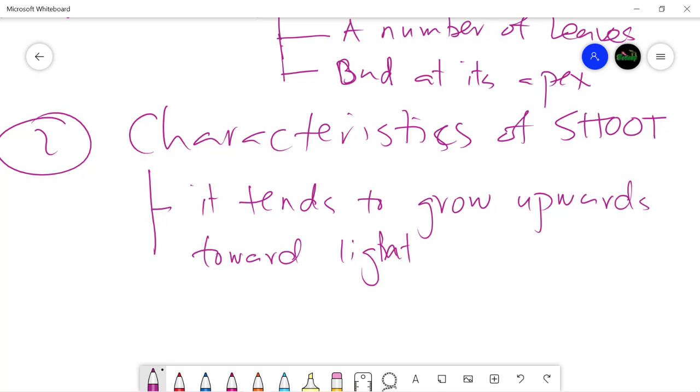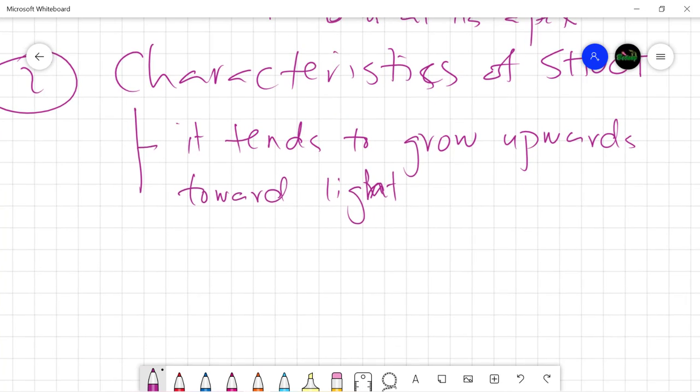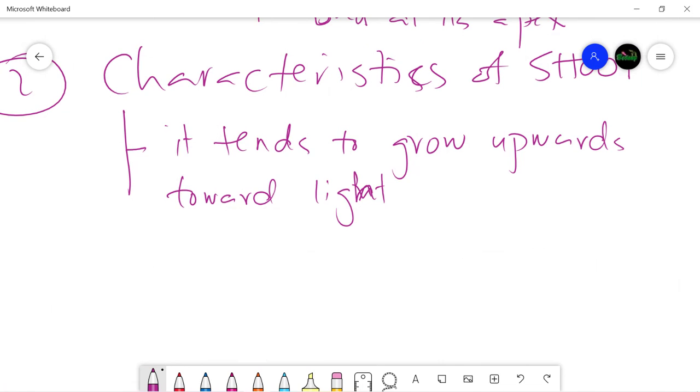Although this may not apply to all the shoots, as we shall see later in the chapter, we are talking about a typical stem or a typical shoot. So first of all, it tends to grow upwards towards light or in the air. One.